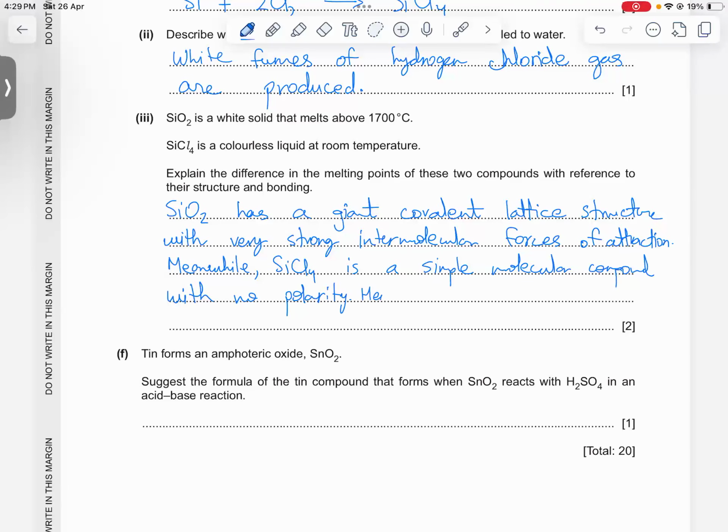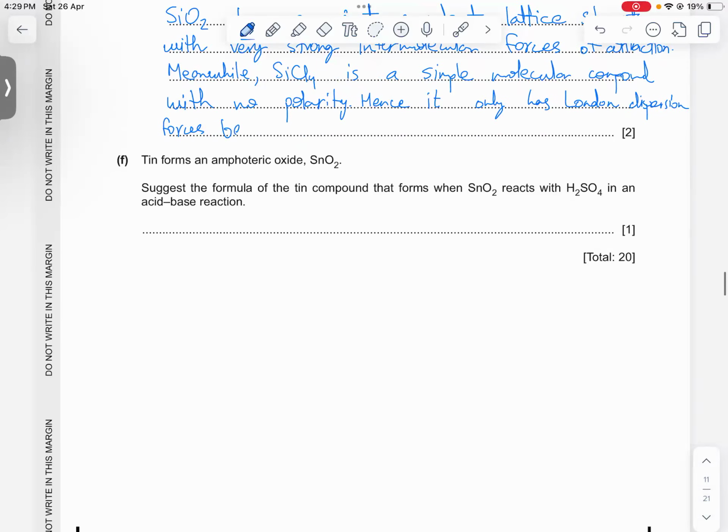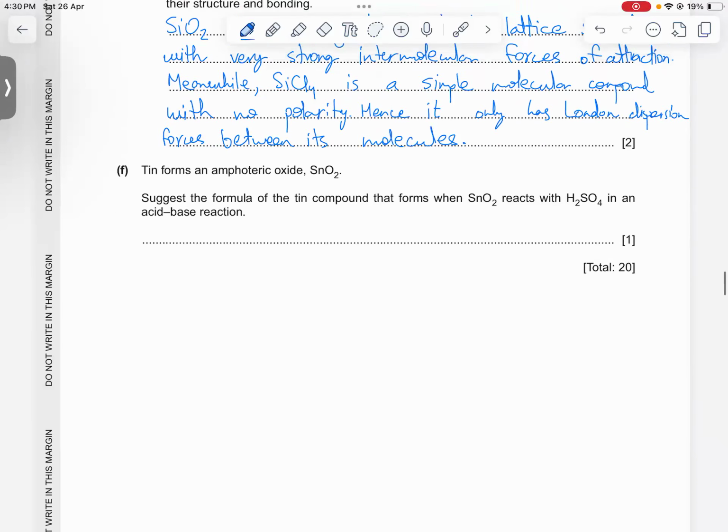Stop. Hence, it only has London dispersion forces between its molecules. So this is a very well explained answer.